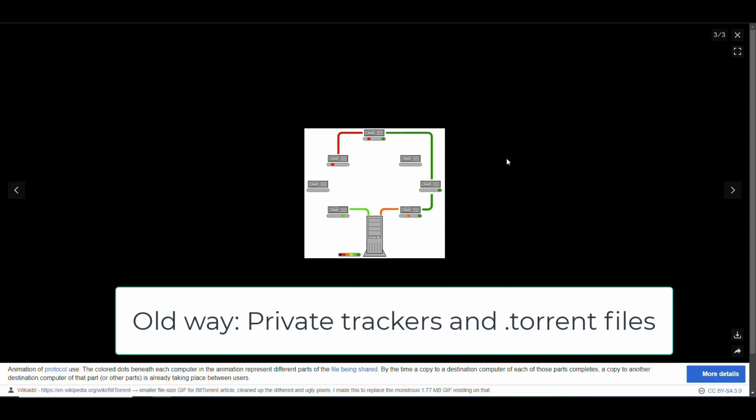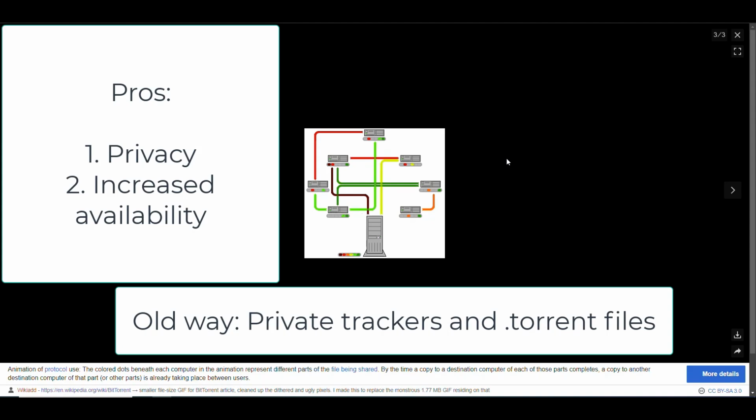And then you had to upload that file to a website that would work as a tracker. This website would know what the contents of that file are, and it would also track, hence the name tracker, who has the file, and then it would create a table mapping the people in the network to the files.